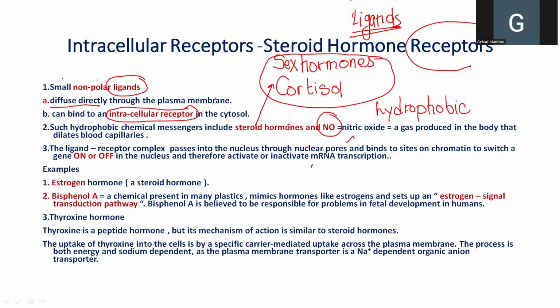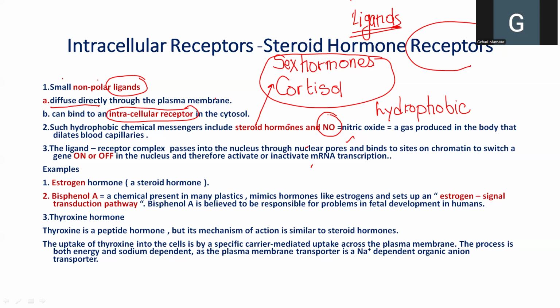When the ligand binds with the receptor, this happens inside the cytosol, as we said before, because we will be seeing on the next slide how the receptors are intracytosolic receptors. They are not on the cell membrane, but inside the cell.